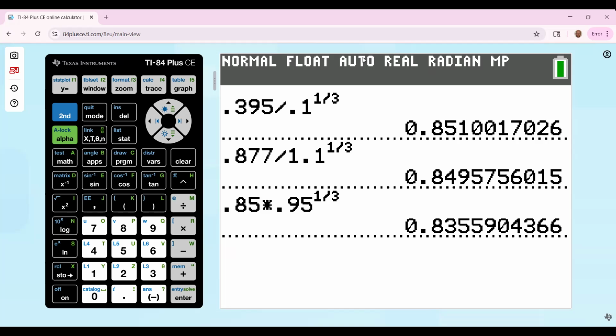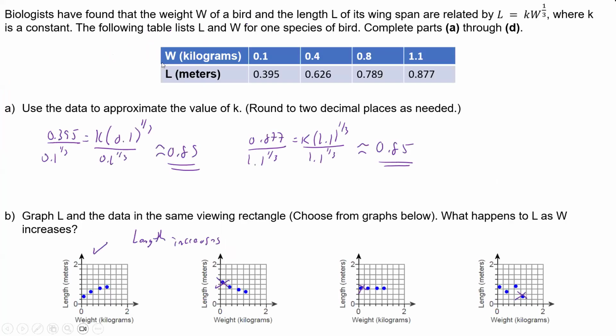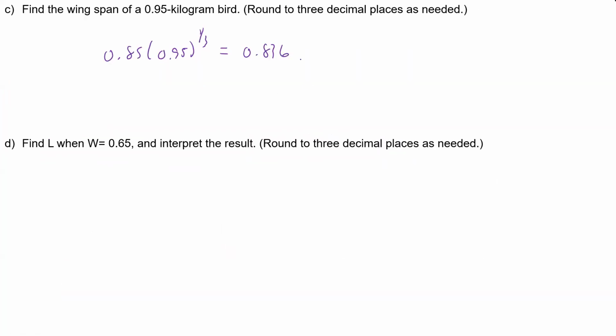Oh, how many decimal places do they want here? 3. So that would be 0.836, and the wingspan is in meters. Okay, so that's going to be that solution.